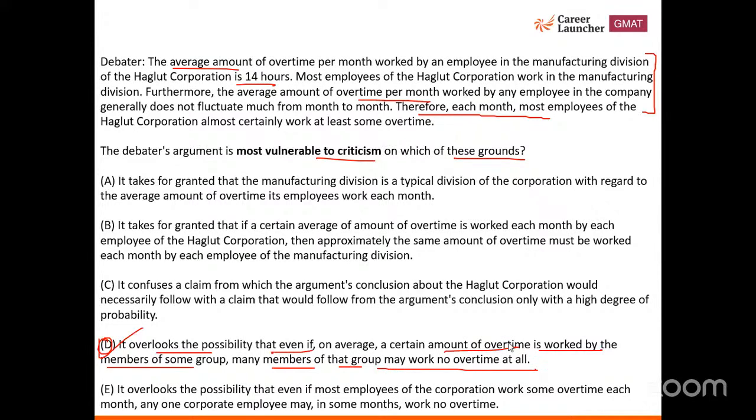That is the problem with this argument, right? Because it said at least some overtime is worked, but that is not necessarily true. Yes or no? Do we understand, everyone? Are we clear here, everyone?